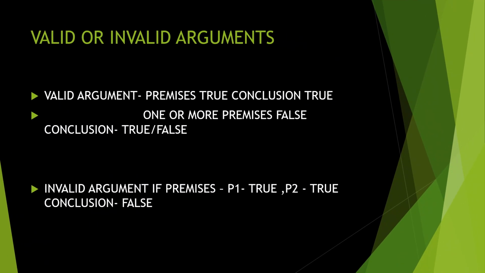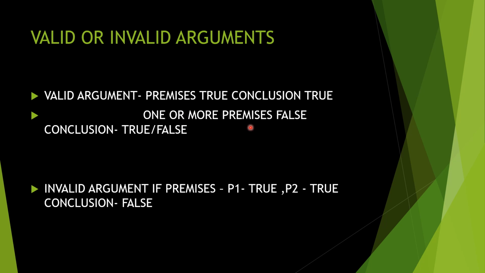Next is valid or invalid arguments. How can we find whether an argument is valid or invalid? In a valid argument, if the premises are true, then the conclusion is also true. That is, if P1 and P2 are true, then the conclusion is true.